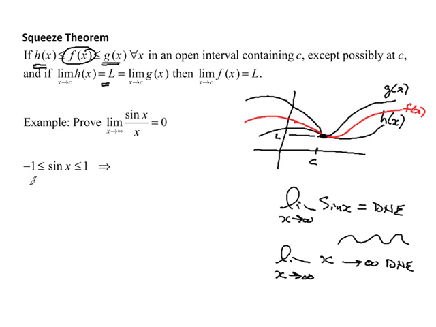Well, let's take a look at this. I know that sine x has a minimum of -1 and a maximum of +1. So sine x is always greater than or equal to -1 and always less than or equal to +1. That would then imply that -1 over x must be less than or equal to sine x over x, which is less than or equal to 1 over x.